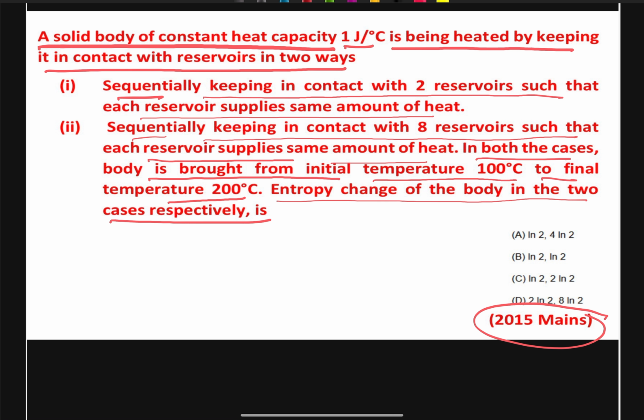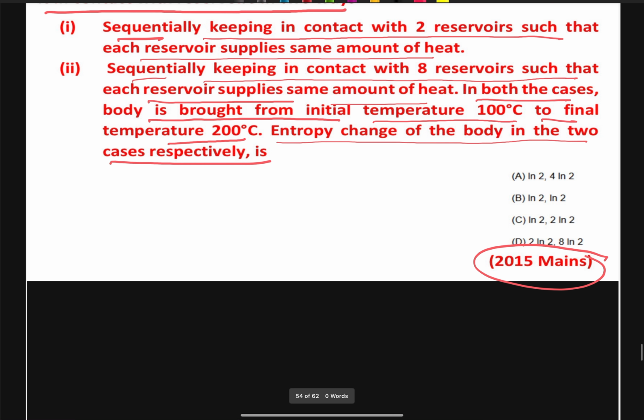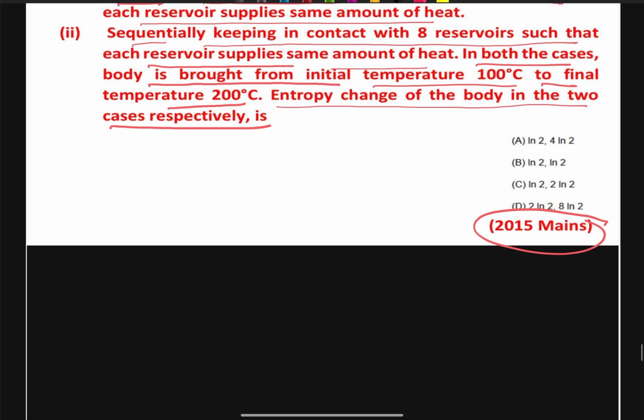Okay, so we have a body, and we have two cases. In the first case, suppose this is the body and it is kept in contact with two reservoirs.